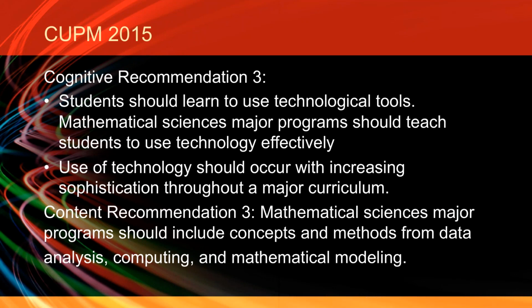To me, that implies that you need to be starting in the first course and then building more sophistication later on. That mathematical sciences majors, stats, math, applied math, and others should include concepts and methods from data analysis, computing, and mathematical modeling. This is what a modern mathematical sciences degree should look like.